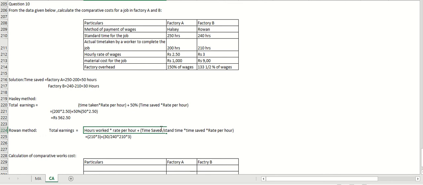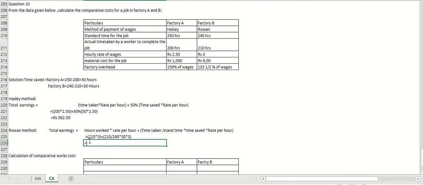So your time taken is 210 and your time saved is 30. So 210 into 3, which is hours worked into rate per hour, plus time taken, which is 210 divided by 240, into time saved 30, into rate per hour 3.